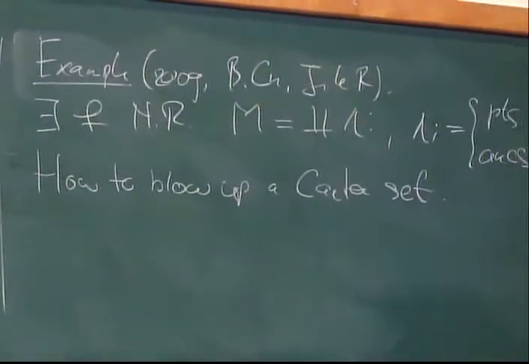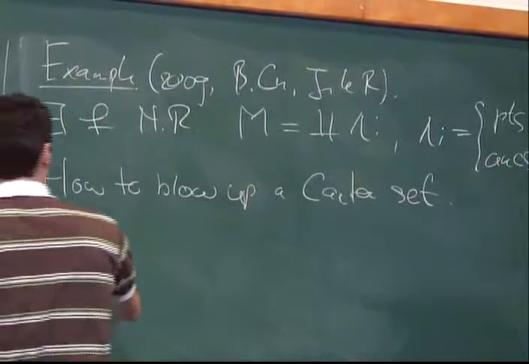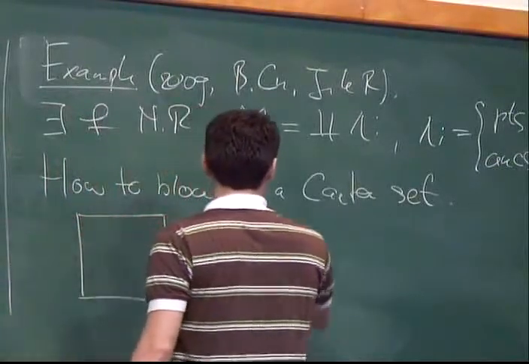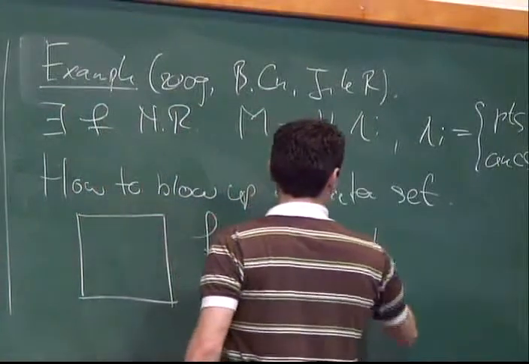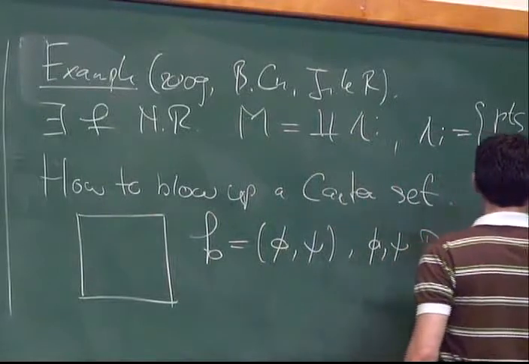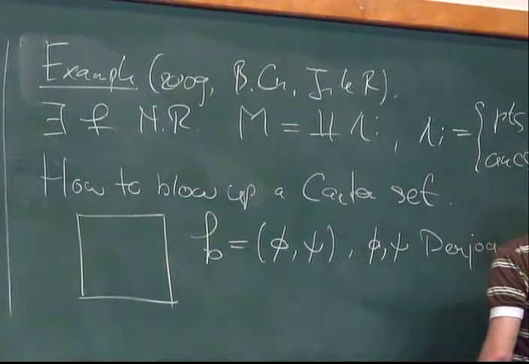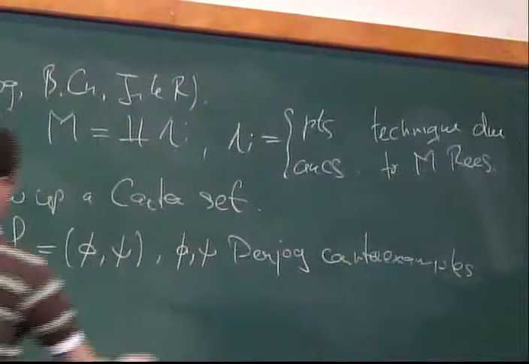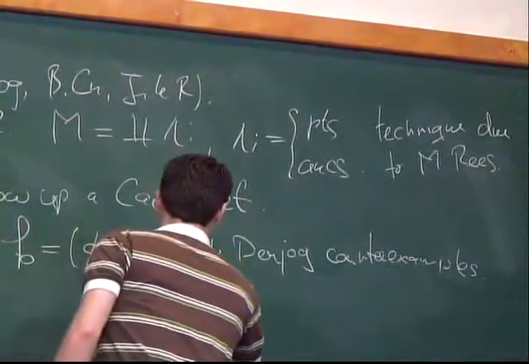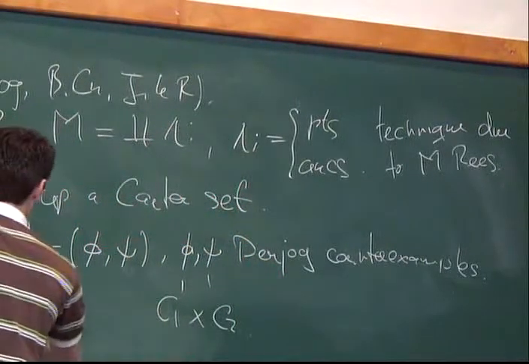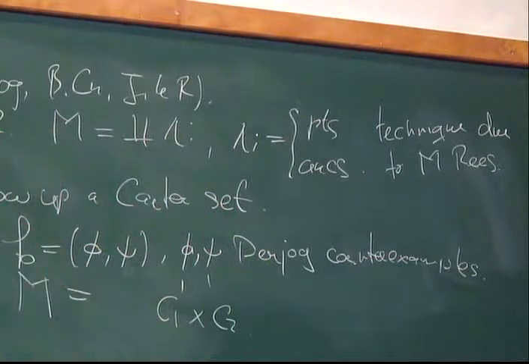There's a very simple model you can take: you just take the product of two Denjoy counterexamples. So F naught, say, is just a product of two Denjoy counterexamples, and they have two Cantor minimal sets, C1 and C2. The minimal set here is, of course, just the product of the two Cantor sets.